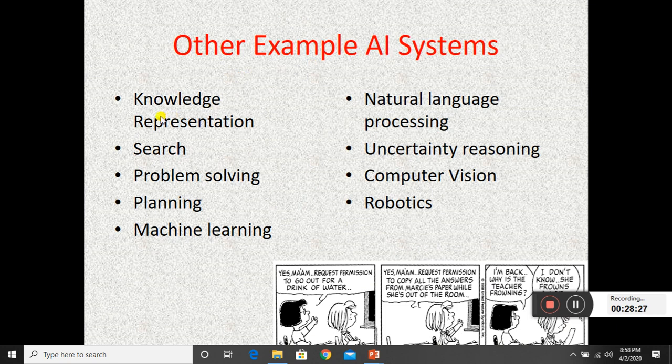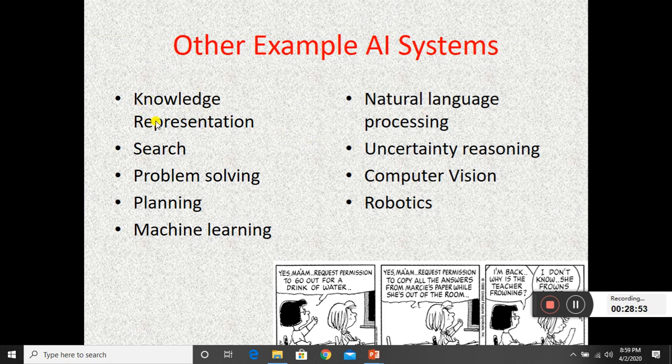Examples of AI systems: knowledge representation, search, problem solving, planning, machine learning, natural language processing, uncertainty reasoning, computer vision, and robotics. These are different types of artificial intelligence systems.